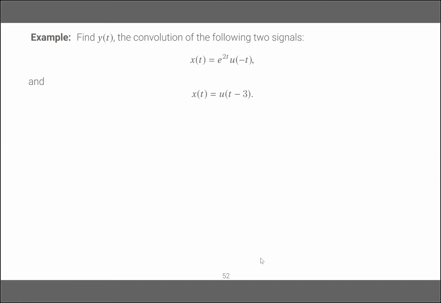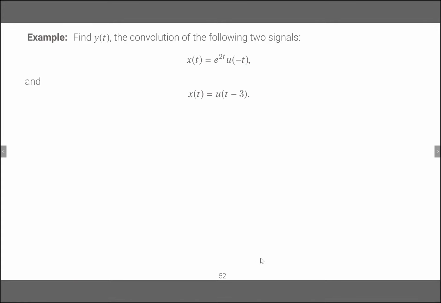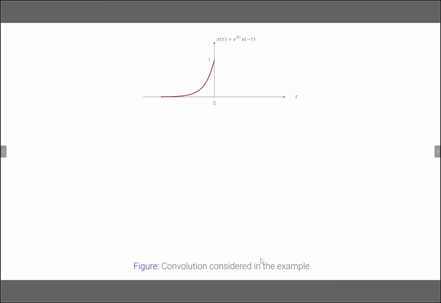So then find y(t), the convolution of the following two signals, x(t) equals e to the power of 2t u(minus t), and h(t) equals u(t minus 3). So we know that u(minus t) is like this. There you go.